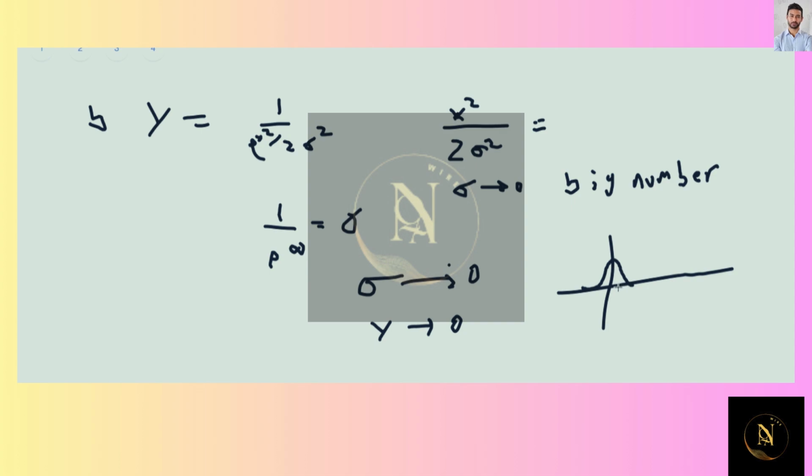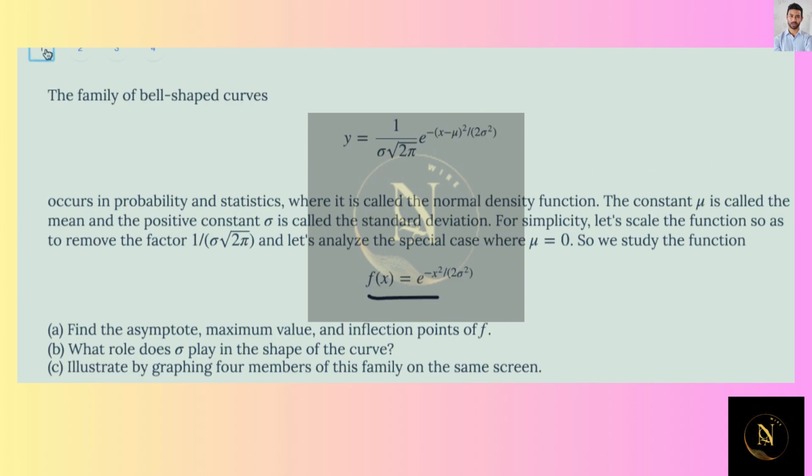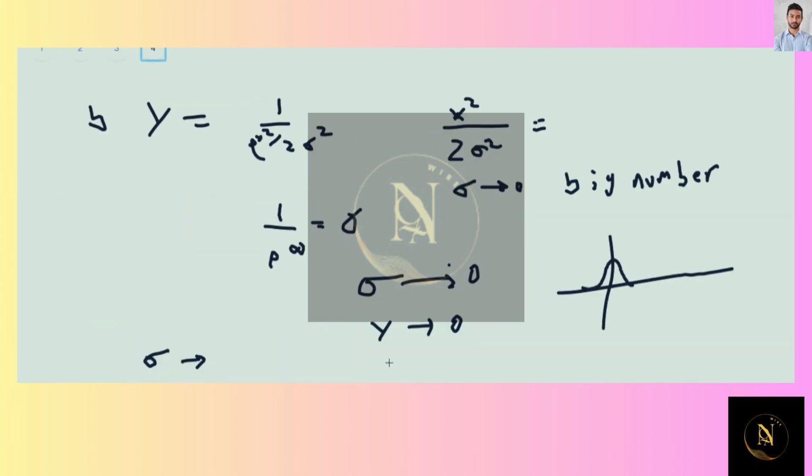And vice versa, as sigma gets bigger, let's say sigma goes to infinity, what happens to x squared over 2 sigma squared?